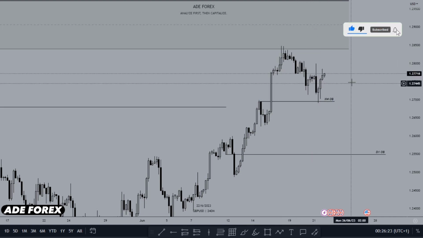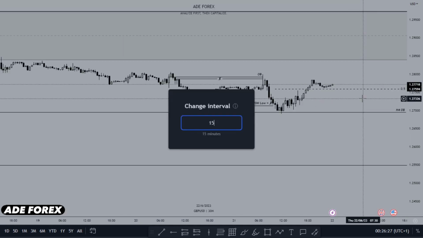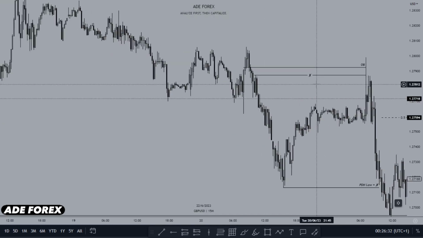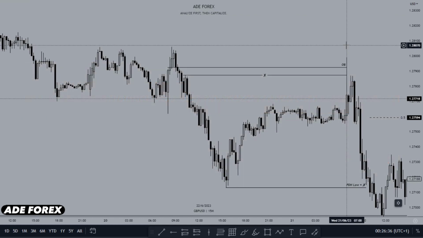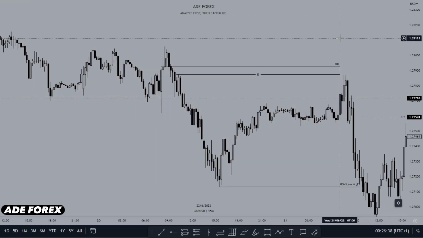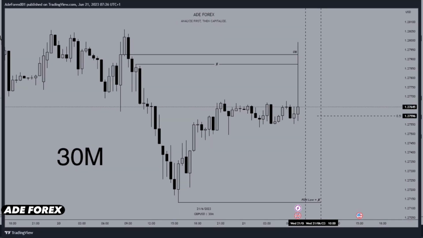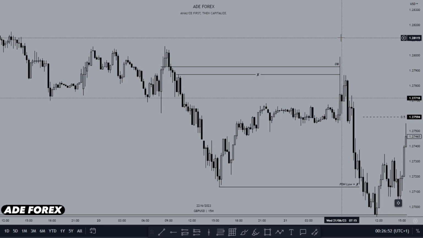Moving down to the lower time frame, I moved to the 15-minute time frame. It was post the CPI news for the GBP. Normally I take my trades from 8 a.m. to 10 a.m., but the news came in around 7 a.m. So I was like, okay, if I get an entry, I would join in.